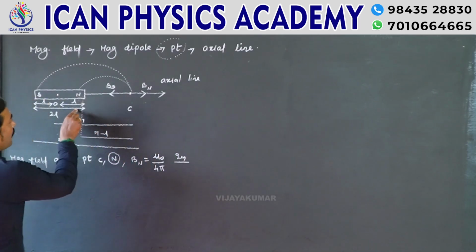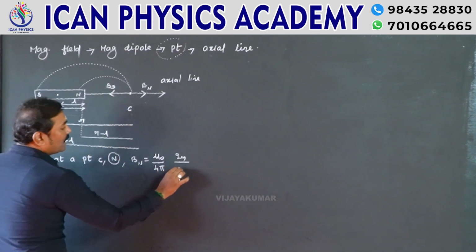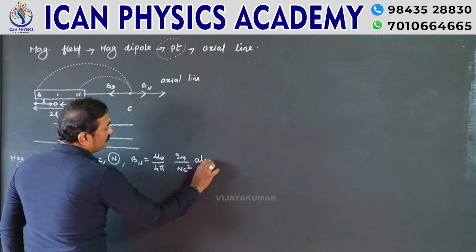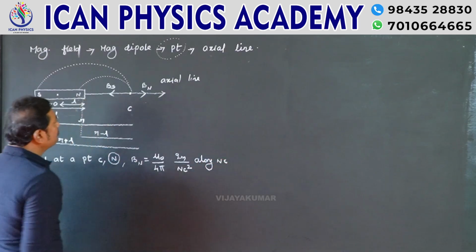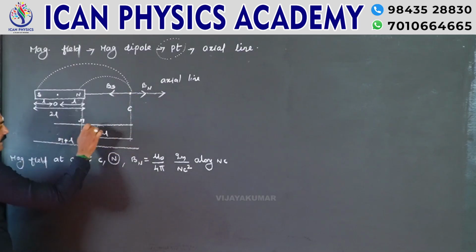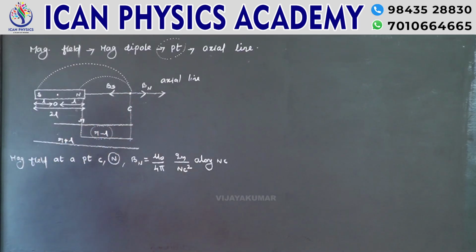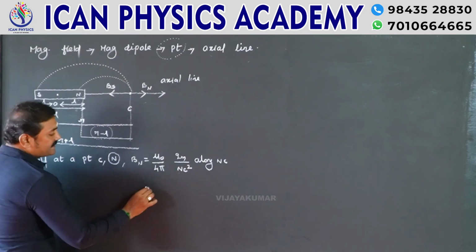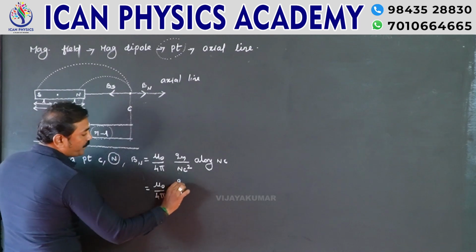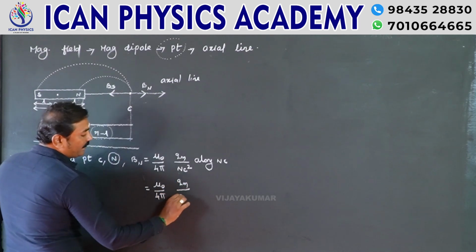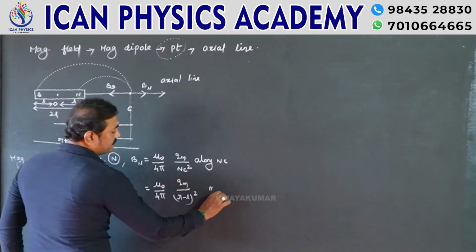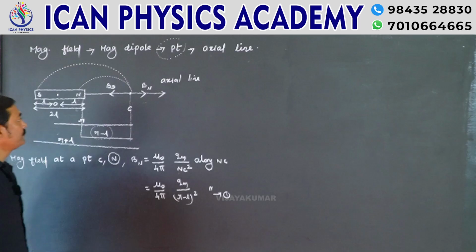So from the north pole to C, NC squared along NC. The distance from the north pole to this point C is R minus L. So taking this, we write mu naught by 4 pi Qm divided by (R minus L) the whole squared, along NC. Now this is taken as equation number 1.